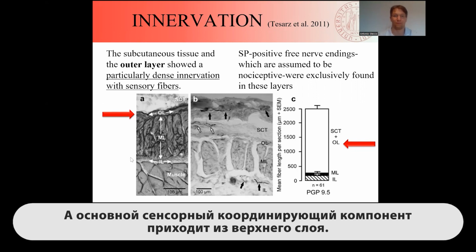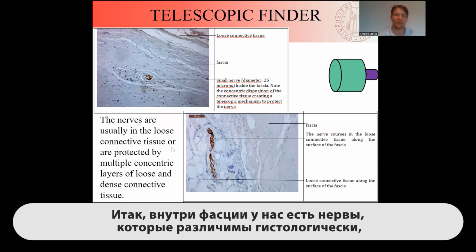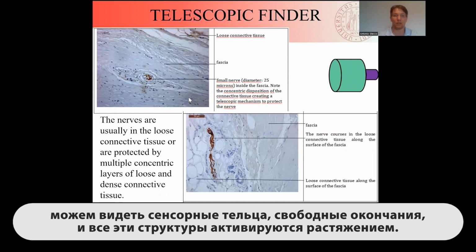So remember that inside the deep fascia, the epimysial fascia, we have many nerves, which we saw before. The nerves are recognizable in a histological sample, because with S100 you can see the free nerve endings, you can see a corpuscle, you can see free nerve endings.